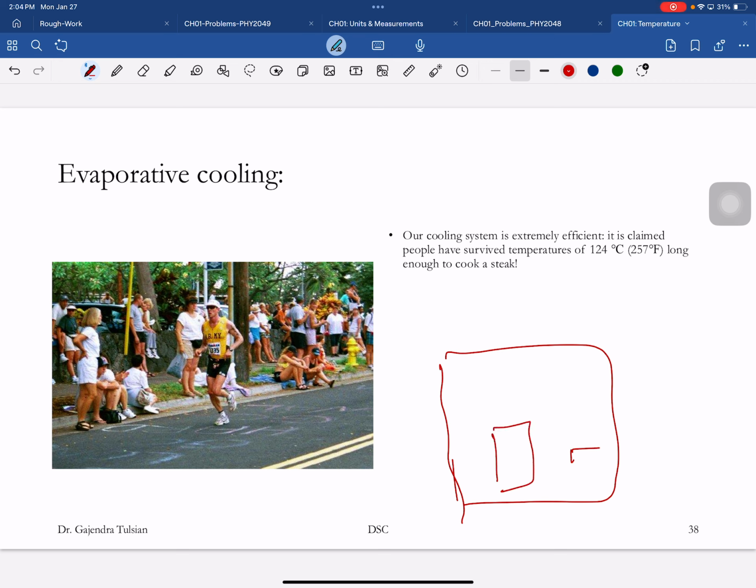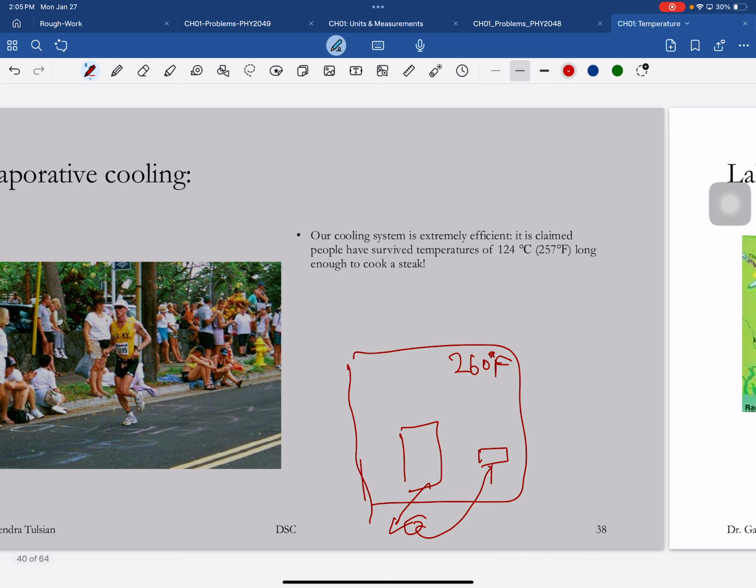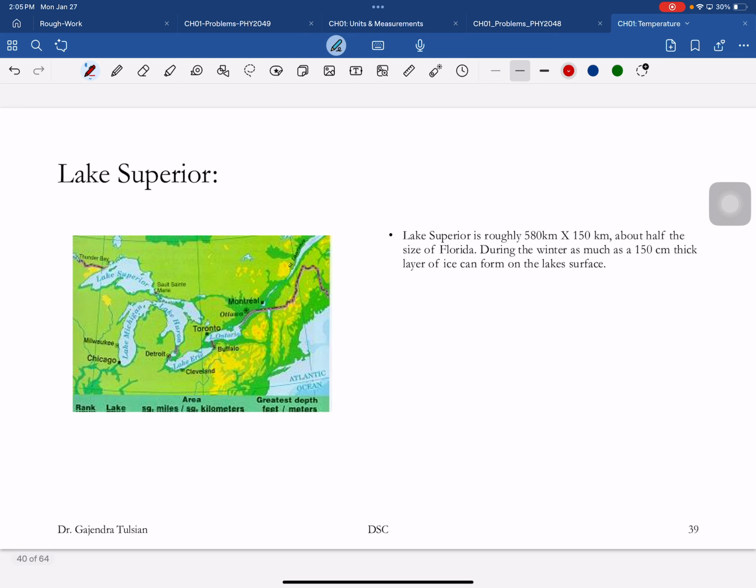So the claim is the following: you put two things in an oven, that thing cooks and this guy walks out. We don't know if he has the appetite to eat that steak, but that's the claim. So your thermodynamic system is extremely amazing.